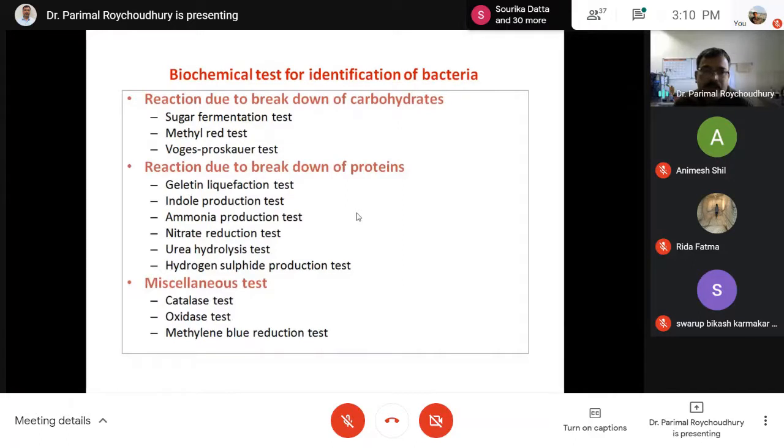Always, before starting the discussions on individual bacteria, their diseases and how we diagnose them, we must go through these biochemical tests. For example, if you mention that the organism is oxidase positive, then you should be in a position to understand what we mean by oxidase positive. All this information is available in this particular lecture.